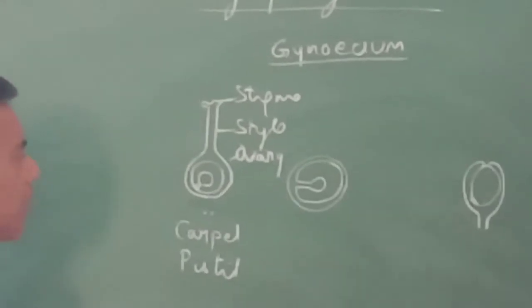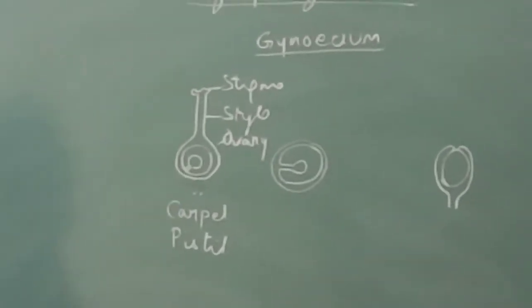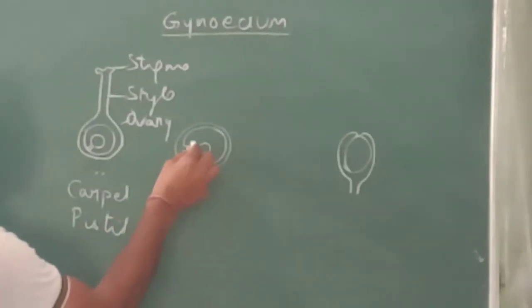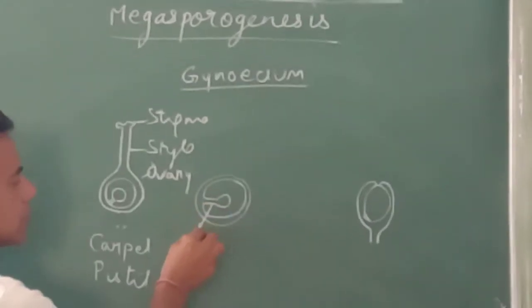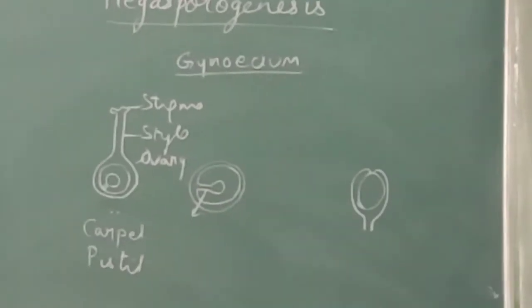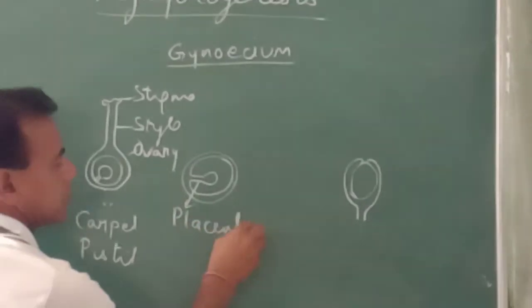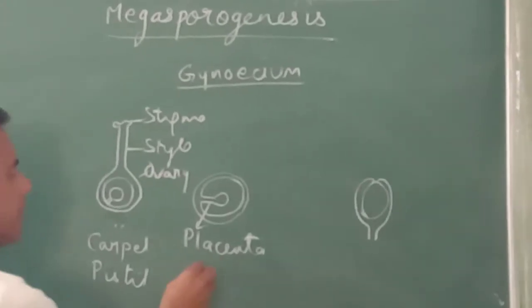The ovary has a number of ovules inside it. We can see that ovules are attached to the wall of the ovary by a structure known as placenta or funicle.